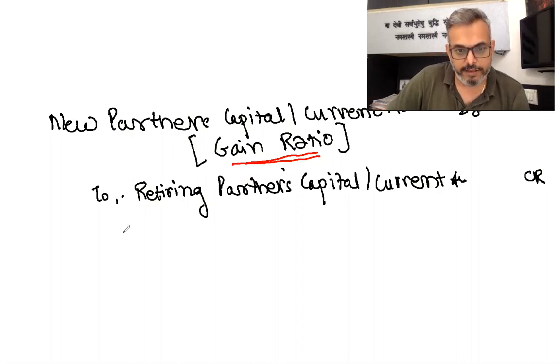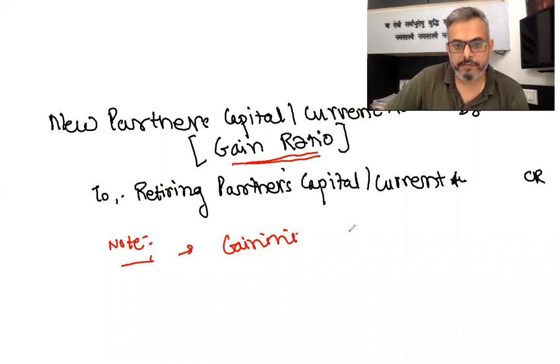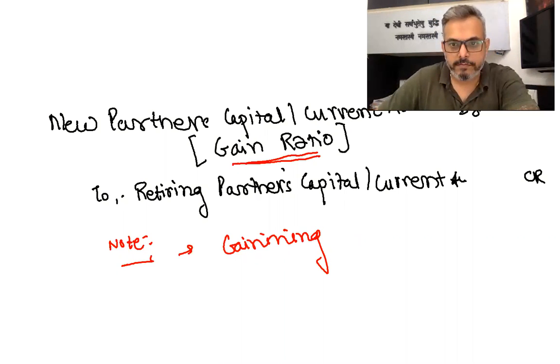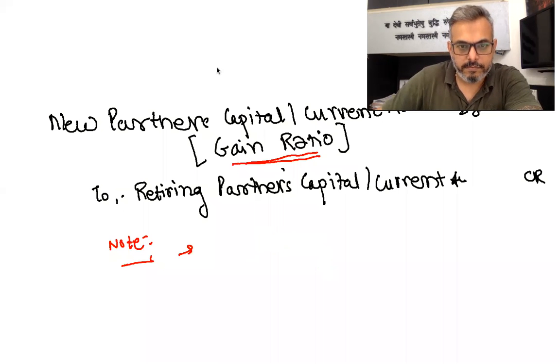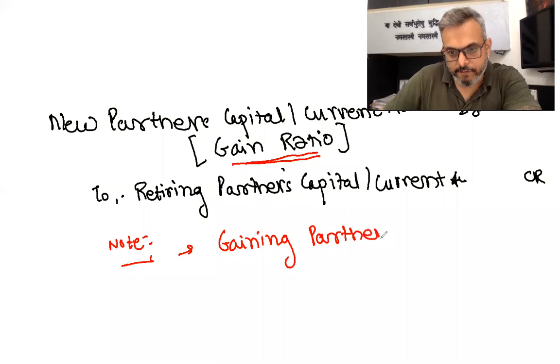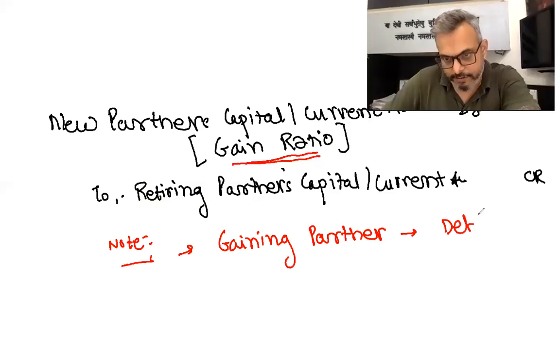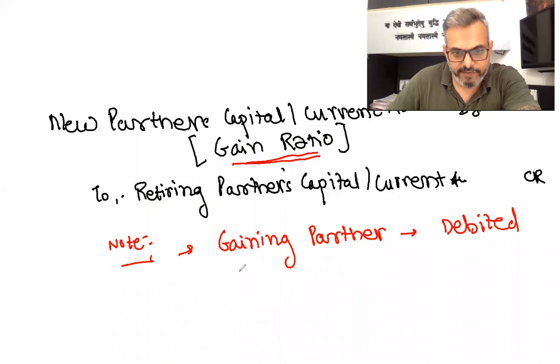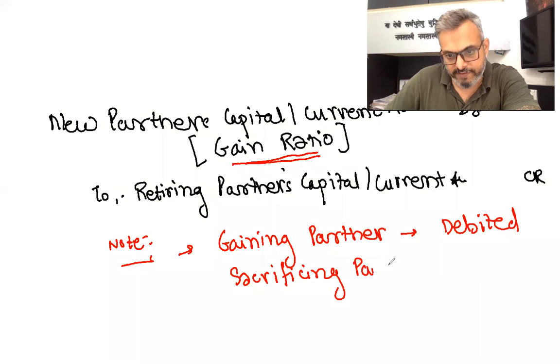Okay, what you have to see is note: gaining partner will always be debited, and the partner who is sacrificing will always be credited.